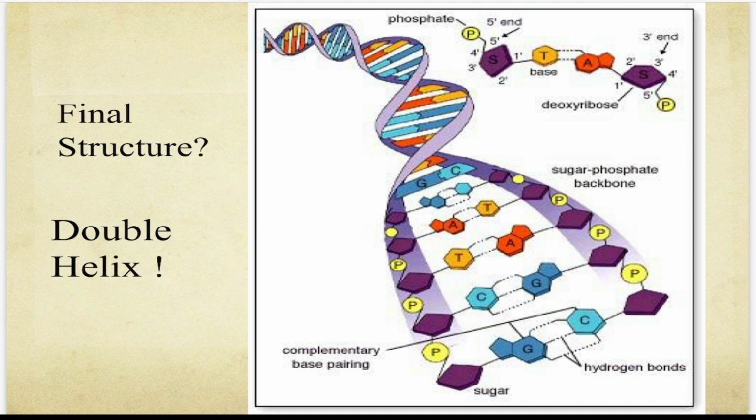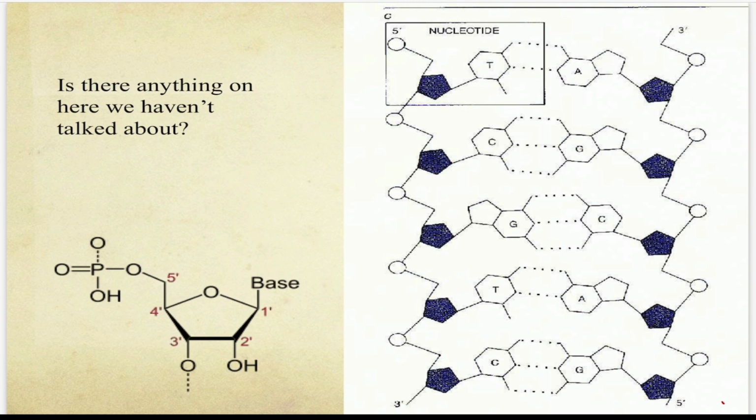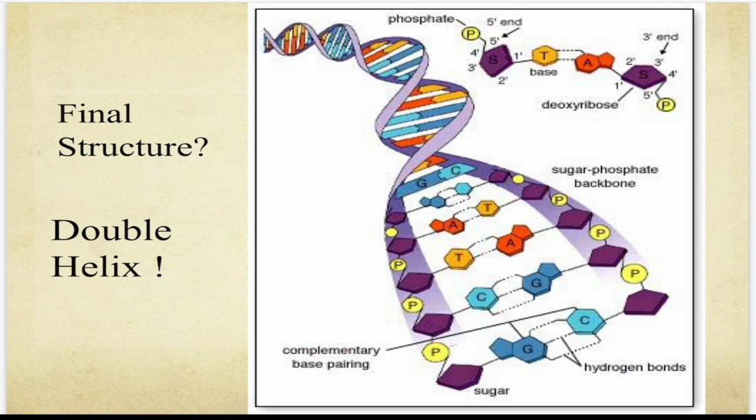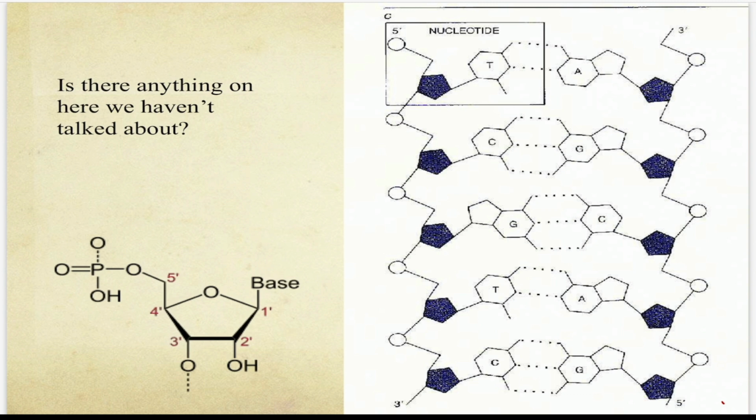Now, is there anything we haven't talked about? Well, there's one aspect that can get confusing, and it's how do I read which direction is which? This doesn't address it. It does right here. But how do I address how to read it? Remember, I counted those carbons, 1, 2, 3, 4, 5. So we have what is called the 3' and the 5' ends.